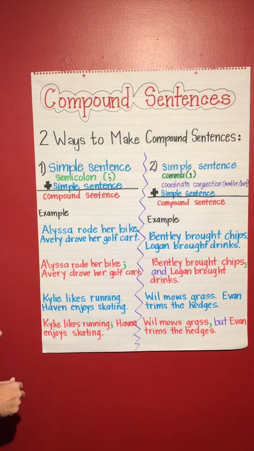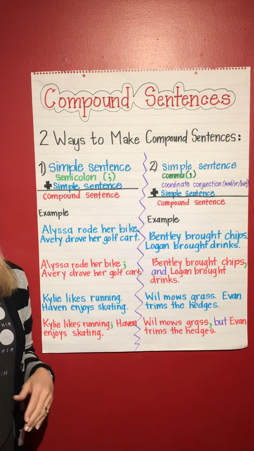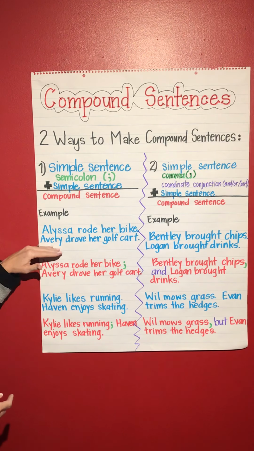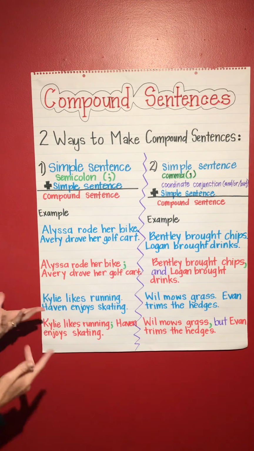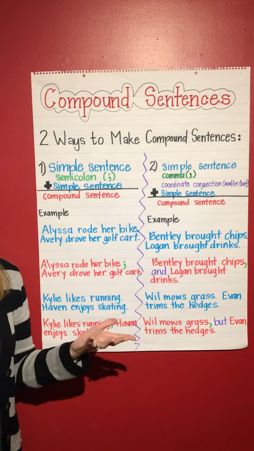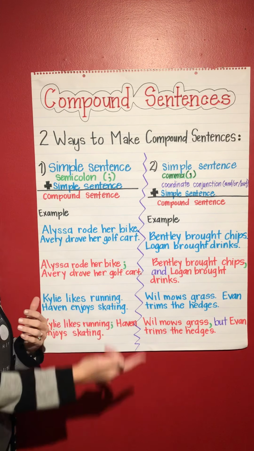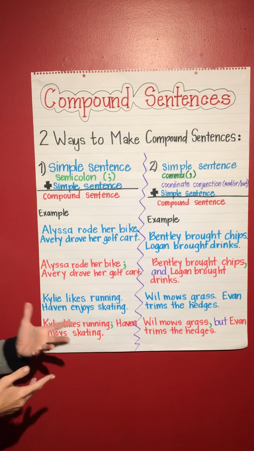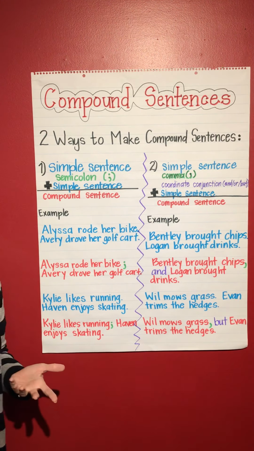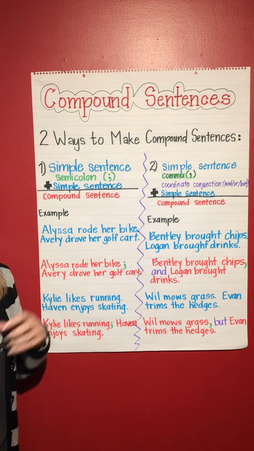Here's an example. I have 2 simple sentences here. Alyssa rode her bike. There's your shout out, Alyssa. Avery drove her golf cart. Those are 2 separate thoughts, 2 sentences that each have a subject and a predicate, and they both express a complete thought. But we can put those together simply by putting a semicolon there. They do kind of go together.